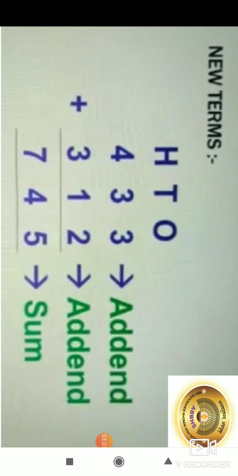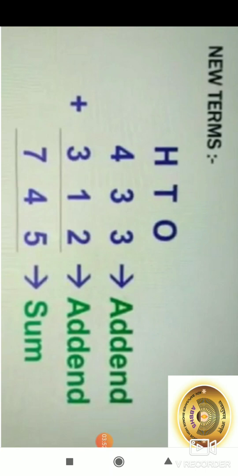Now we are going to learn some new terms related to addition. When we add two numbers, 433 and 312, you can observe that these two numbers are called addends. What do we call them? Addends.